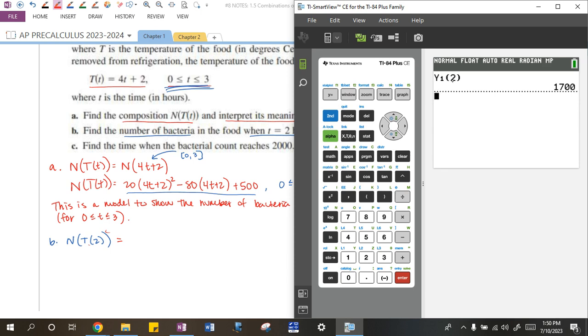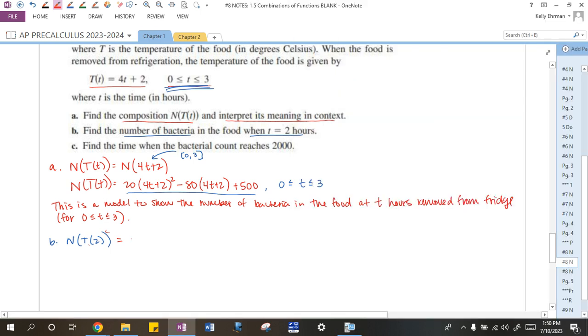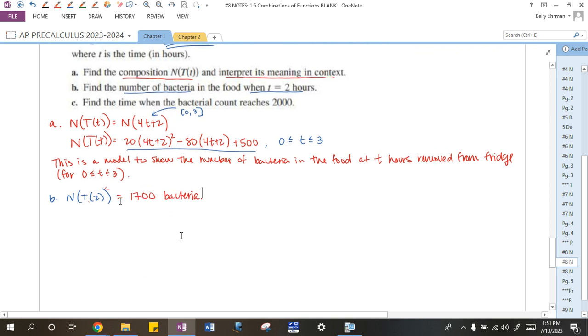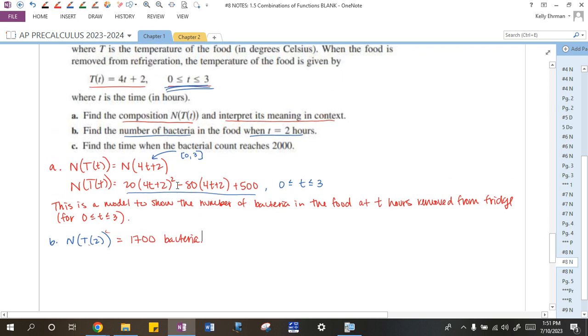So you can use function notation on your home screen if you have the equation typed into y equals. So 1700 bacteria. Do we need to show the work for plugging that in? If it's non-calculator, I would think yes. Otherwise, I think the answer would suffice.